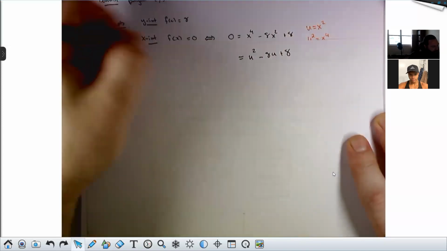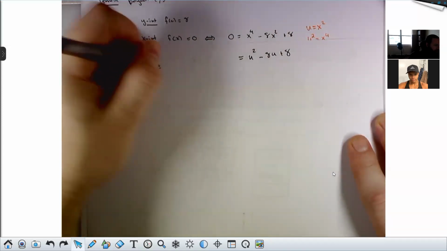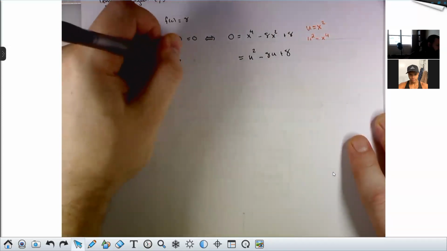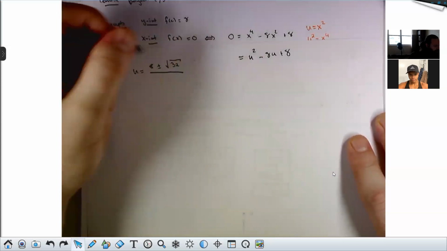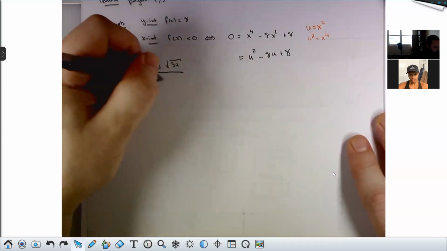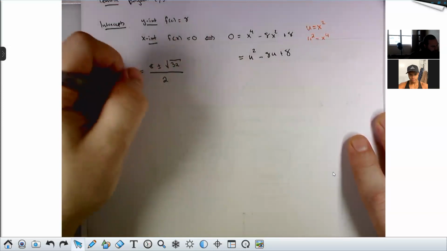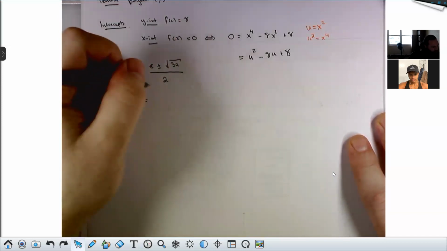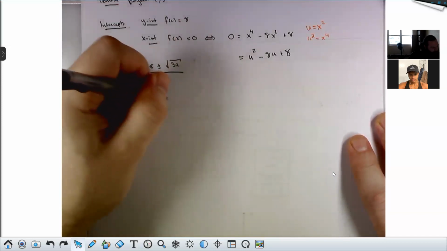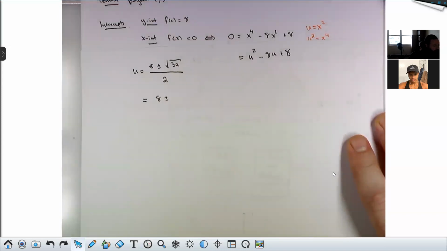That would mean u is equal to 8 plus or minus the square root of 32, I computed that earlier, the discriminant, all over 2a, which is just 2. So this is 8 plus or minus, 32 is 2 to the 5th, so that's 2 times 2 to the 4.